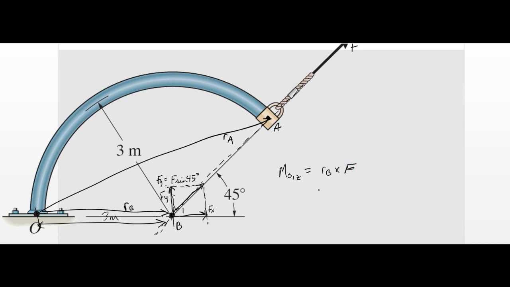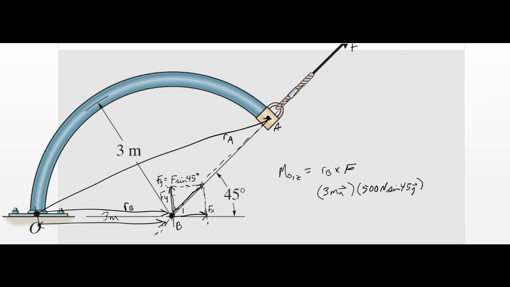It's easy enough to do that way. This is 3 meters in the i direction, and then we're going to have just the y component, or the j component, of the force F. That's 500 newtons sine 45 in the j direction.